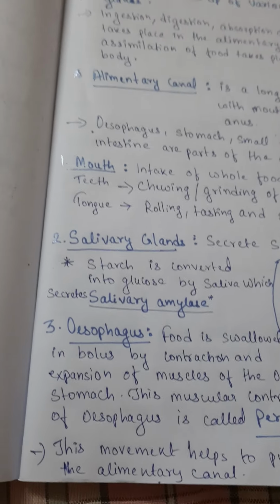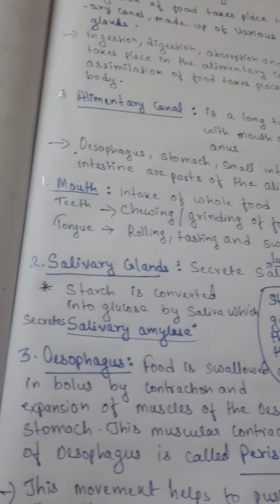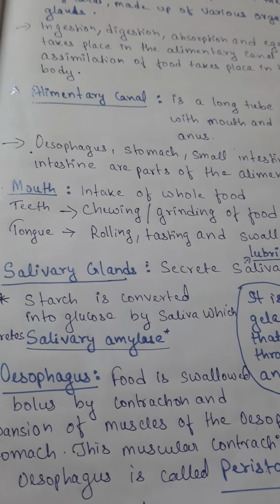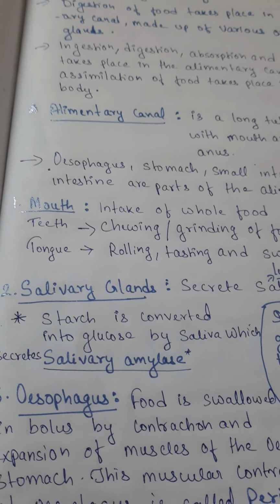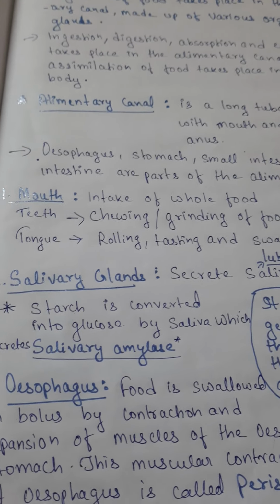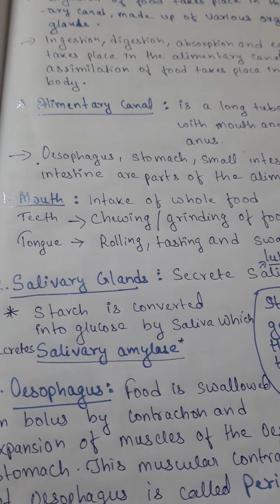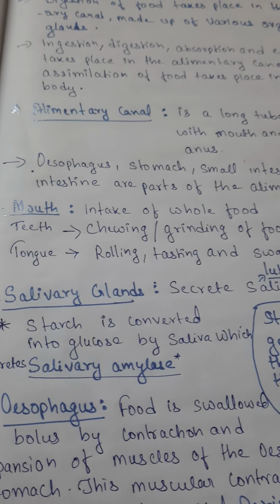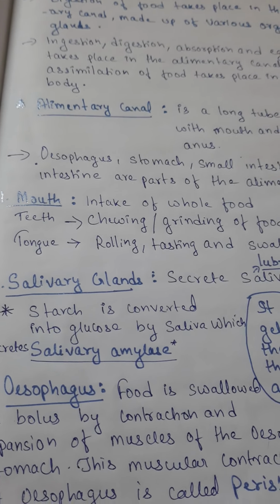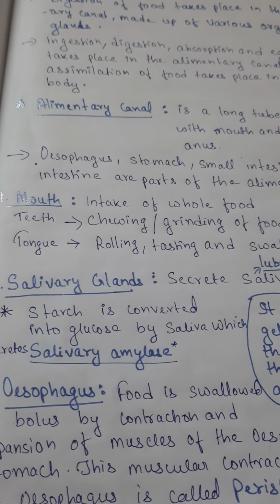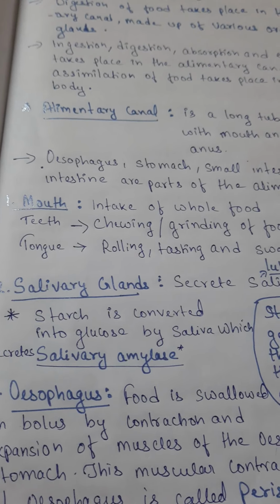Now remember, when we take in food inside our mouth, we chew it with the help of teeth, and with the help of the tongue we can obviously taste the food, but moreover we can roll it and swallow it. While chewing, we can feel that food is lubricated by saliva.